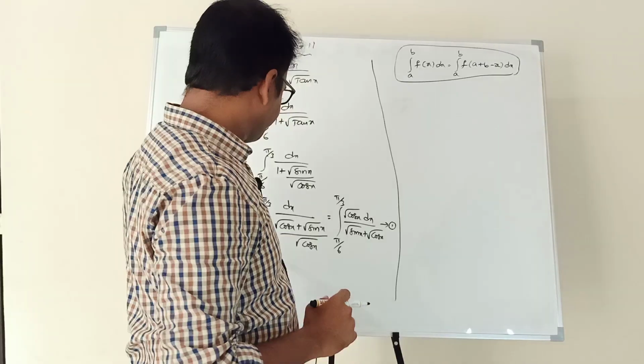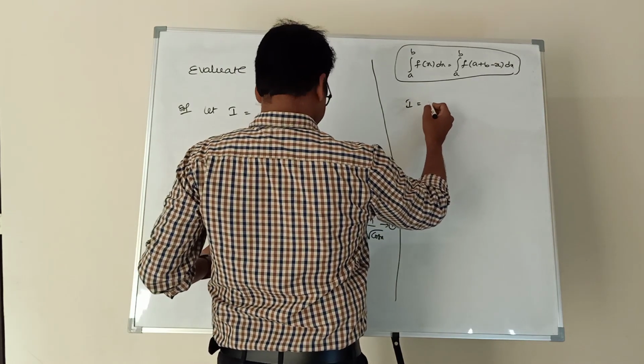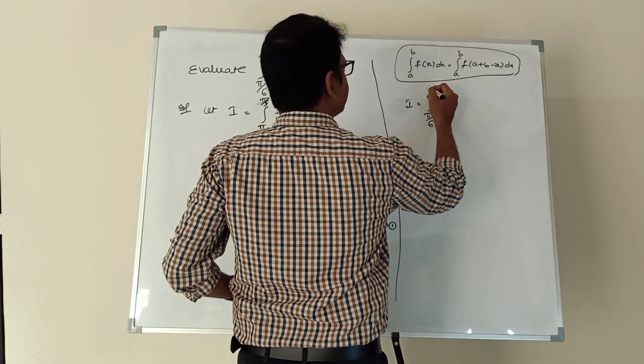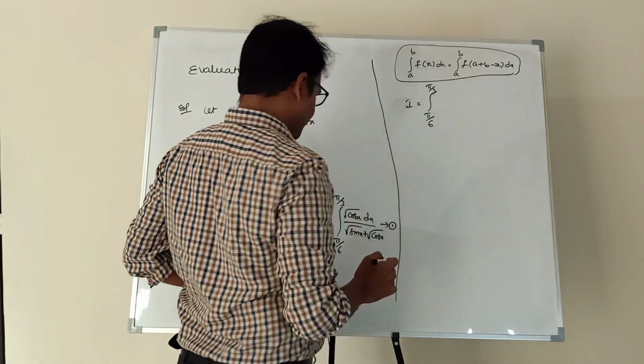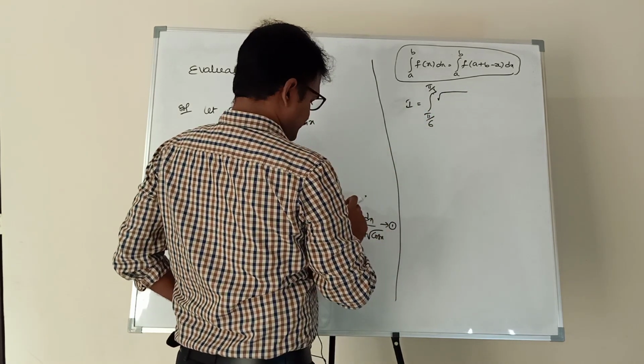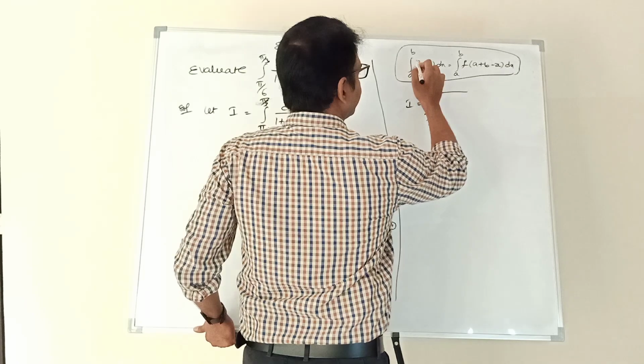the integral from pi by 6 to pi by 3 of root cos x by root sin x plus root cos x. This is f of x. In the place of x you need to replace a plus b minus x.